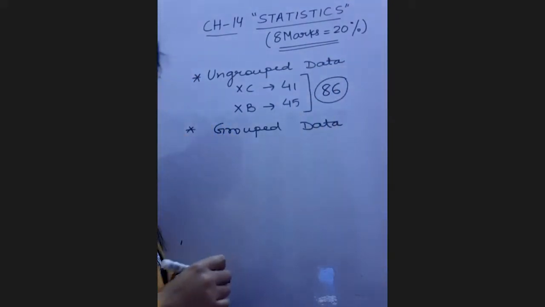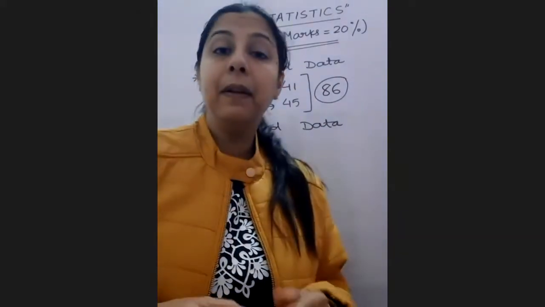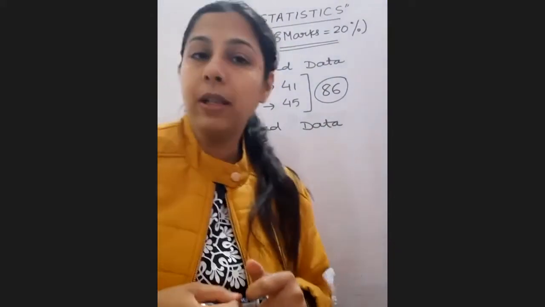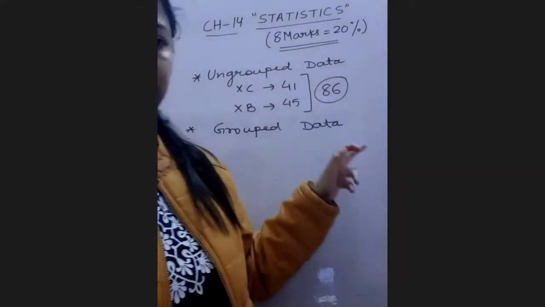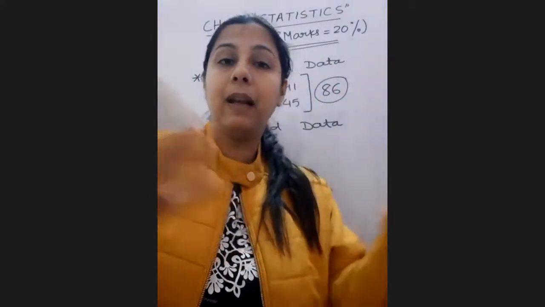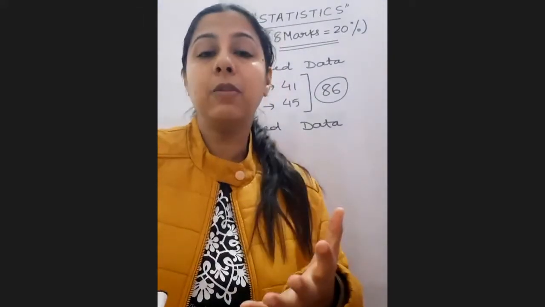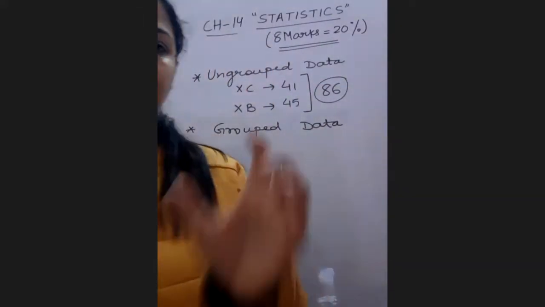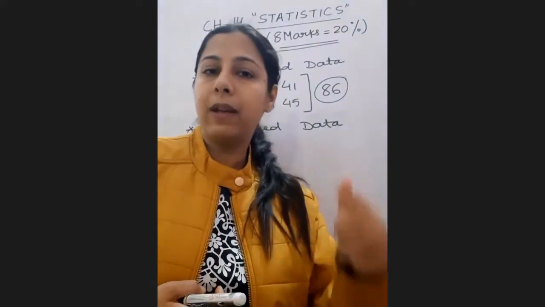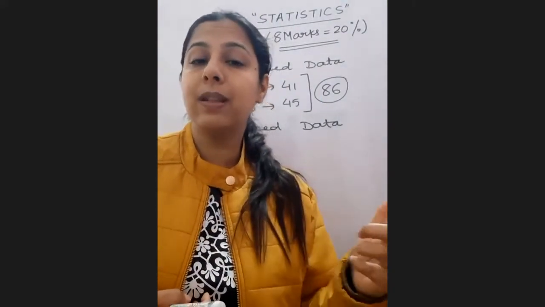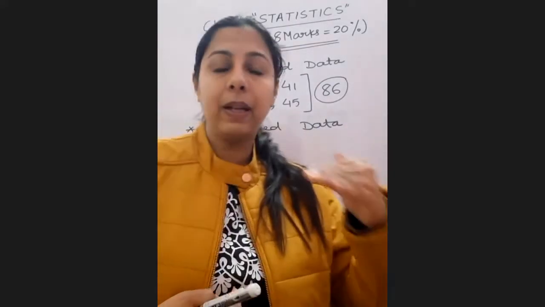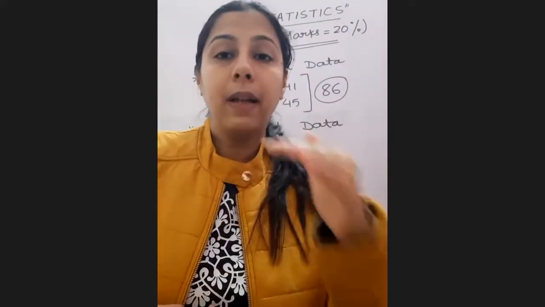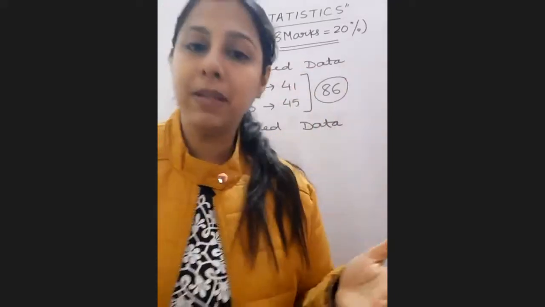Now, suppose I wish to find the median marks, the modal marks, and the mean marks of these 86 students, so that I am aware of where my class is going. What score are the maximum number of children in my class getting, that will be the modal class. Whatever score is scored by most of the students, that is called mode. So what are the modal marks? So that I am aware, beta, how my class's response is, how the performance is.